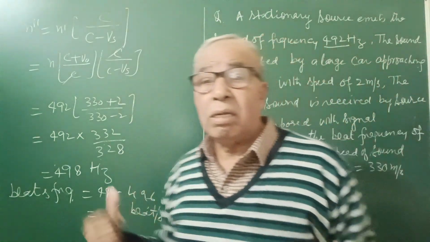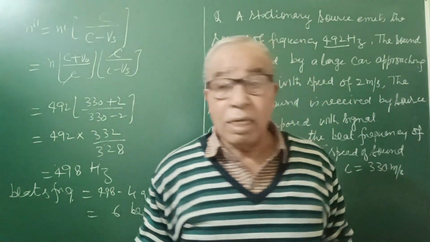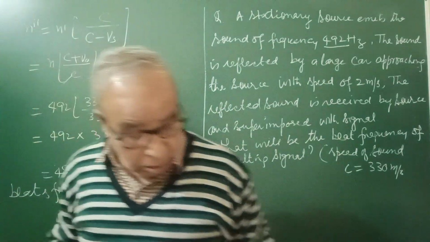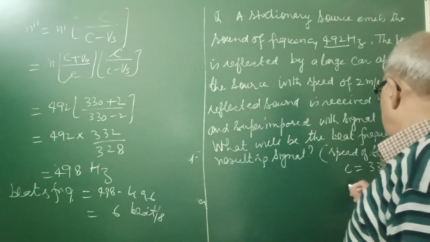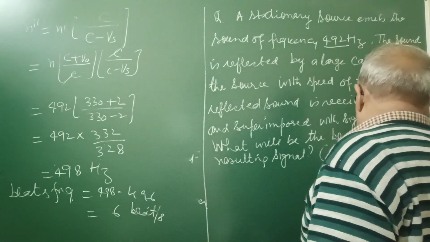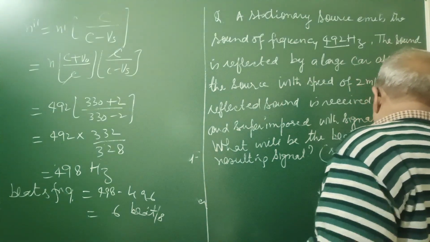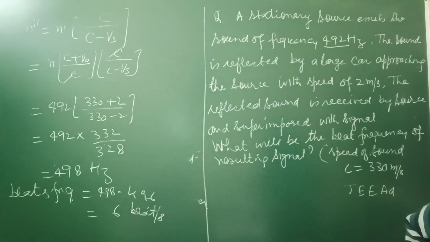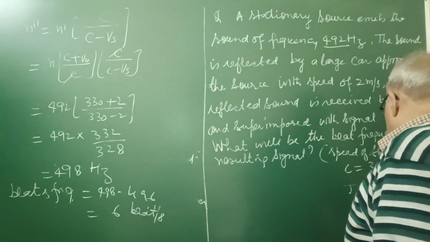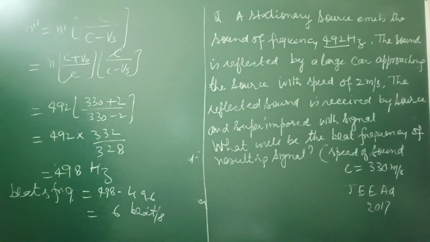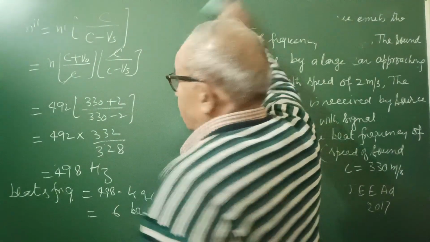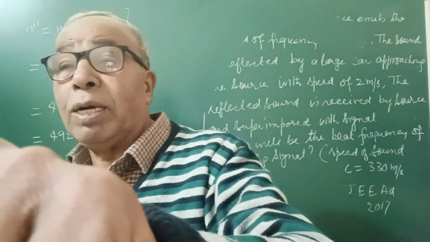Such questions are generally asked in competitive exams. This question was asked in JEE Advanced in 2017. So 100% in every competitive exam, there will be a question on the Doppler effect. So please do it properly.